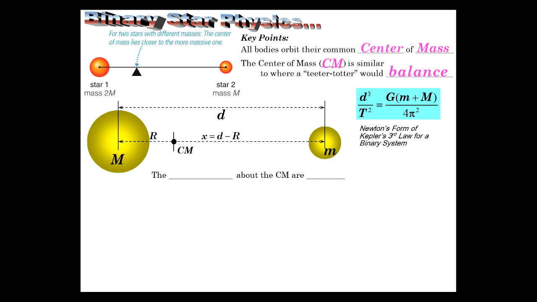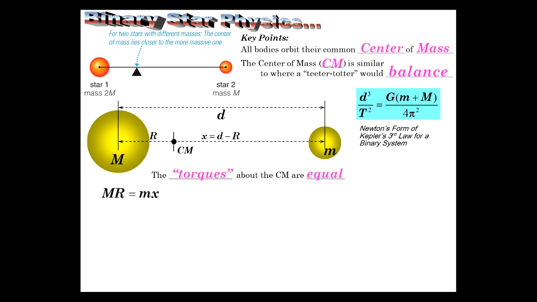Right. Now, the torques about the center of mass are equal, as seen by this situation. This kind of counterclockwise twisting force is equal to the clockwise twisting force of this. So that's another way to think about it.